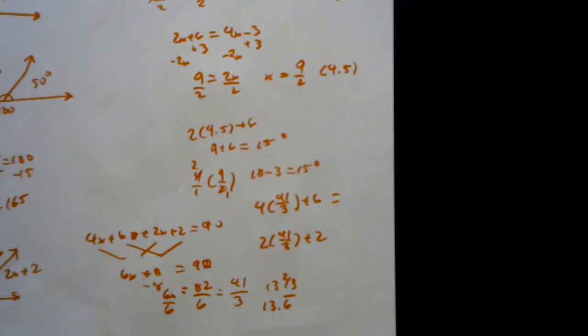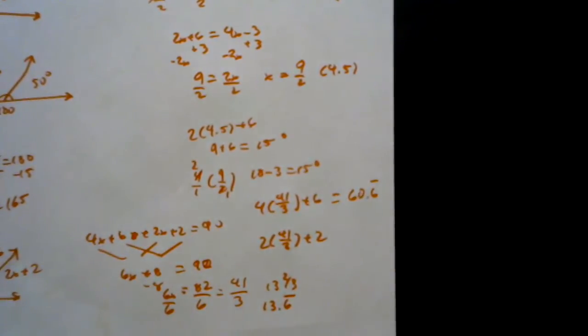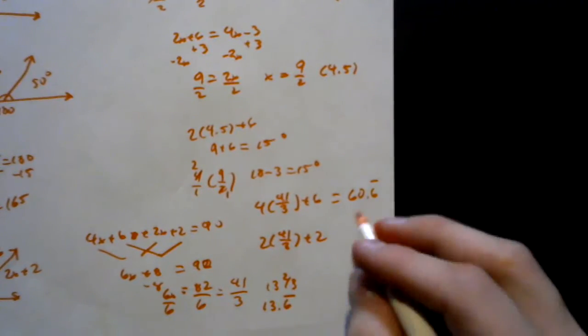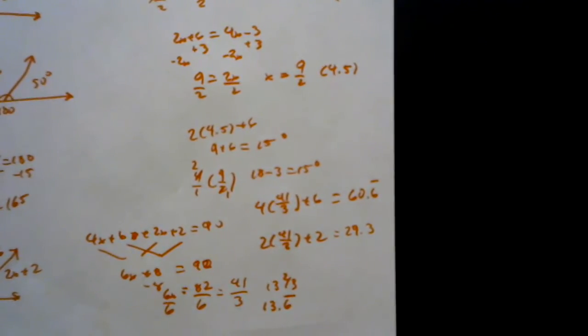We'll just use a calculator, which will be handy. 4 times 41 divided by 3 plus 6, which is 60.6 repeating. So this should be, I'm hoping, 2 times 41 divided by 3 plus 2, which equals 29.33.